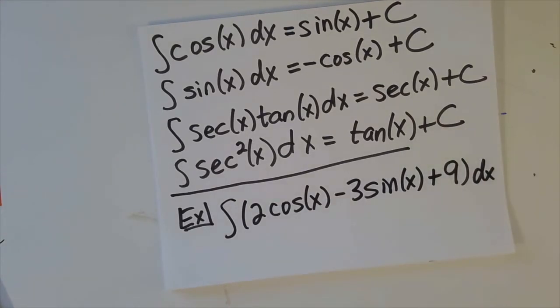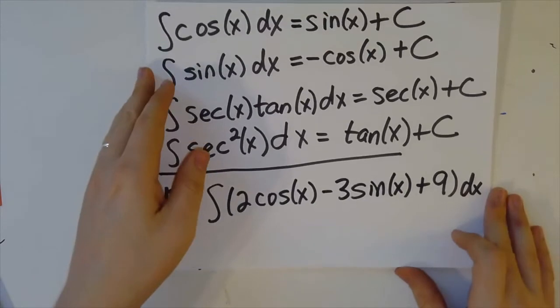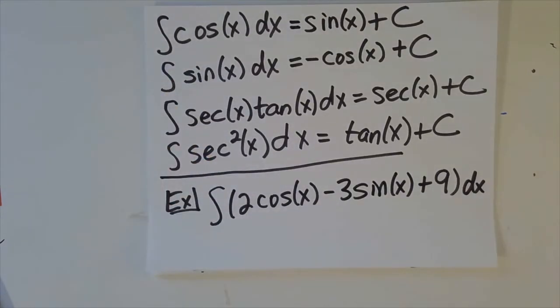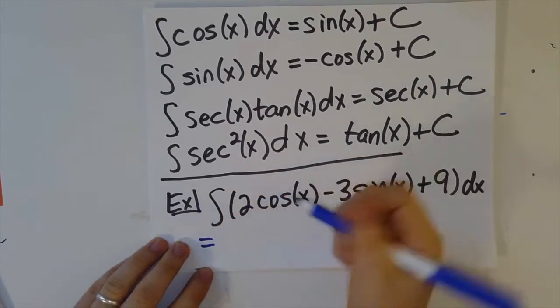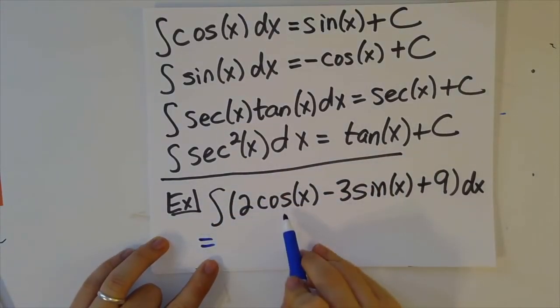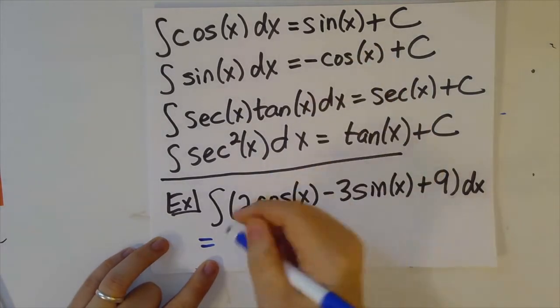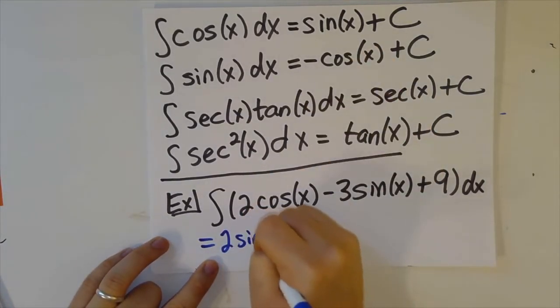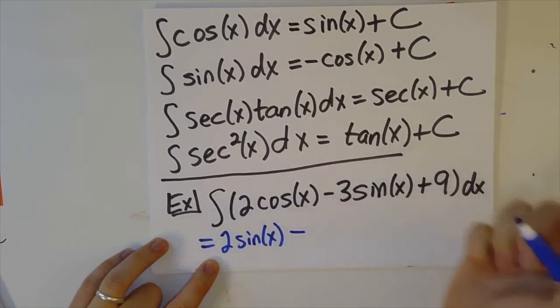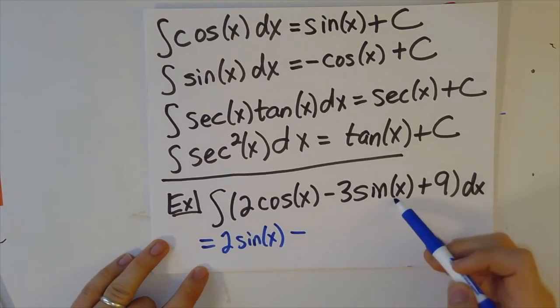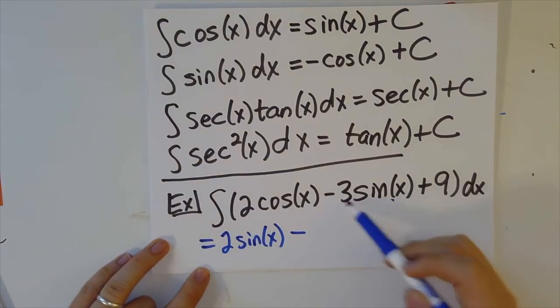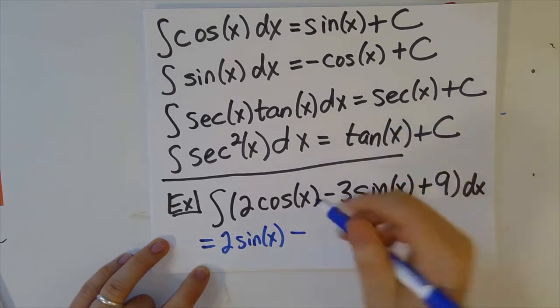And so here, when we go to do this, we're going to follow along with our formulas up here. So the 2 cosine of x is going to become a 2 sine of x, minus the 3 sine of x is going to become a 3 times minus cosine of x.